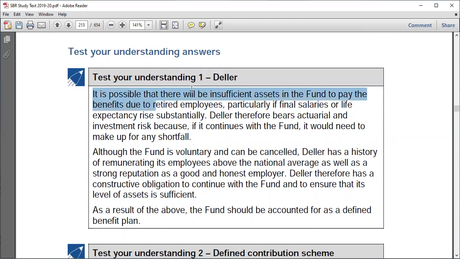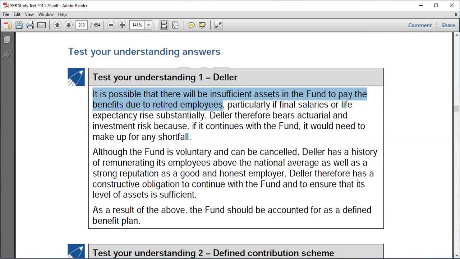So it is possible that there will be insufficient assets in the fund to pay the benefits due to retired employees because, as I told you, you just compare plan assets and those liabilities, right? So it may be possible that the assets may be insufficient, particularly if final salaries rise due to inflation, because we are told that there is some kind of inflation, right?